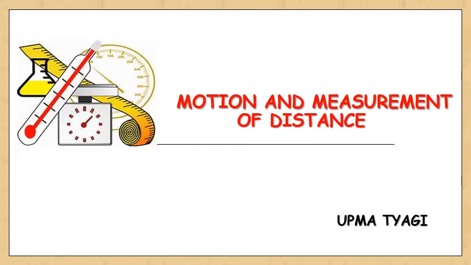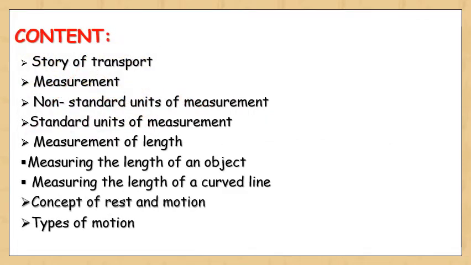Today we will start with another chapter of science, chapter 11, motion and measurement of distance. In this chapter we will study about the story of transport, what is measurement, non-standard and standard units of measurement, then measurement of length, in which we will study about how to measure the length of an object and how to measure the length of a curved line.